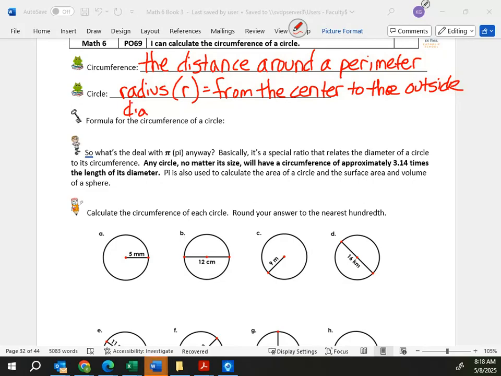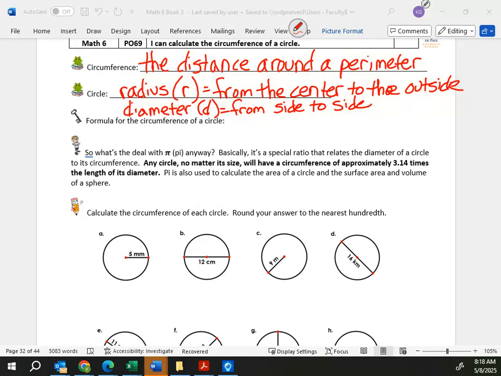Diameter is the D. That is from side to side, all the way across. So you need to remember what the radius is, that's halfway. Diameter is the whole way.